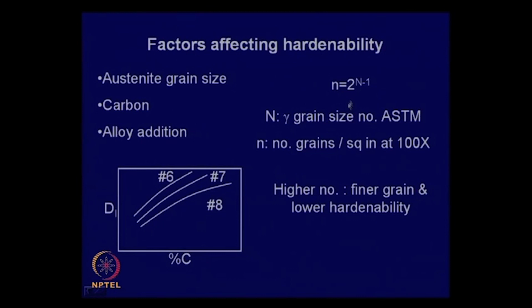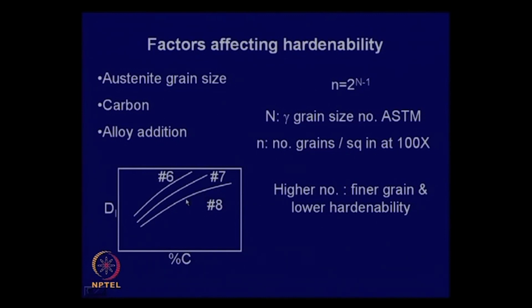So, a higher number means a finer grain. If you have a high austenite grain size number, it means a fine grain structure. If you have a fine grain structure, then you have a large number of nucleation sites for diffusion controlled transformation to take place.